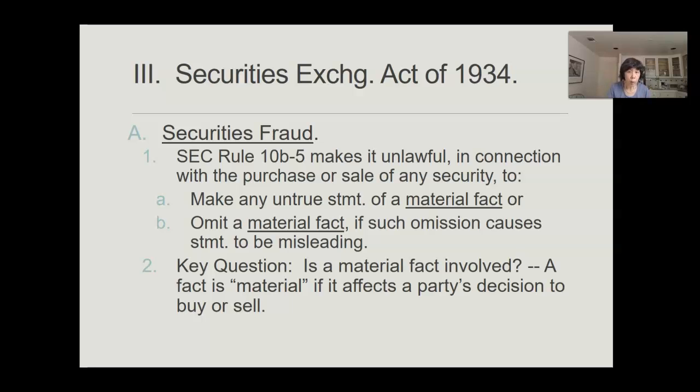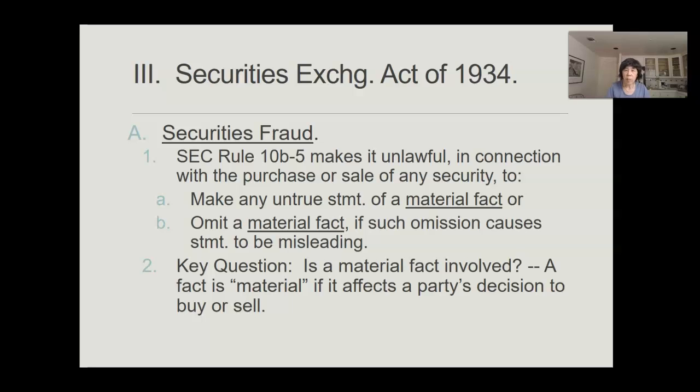Right, the applicable rule when we're talking about insider trading is Rule 10b-5, which prohibits fraud in the sale of a security. This is the cause of action for fraud that you have learned about in Business 12A.